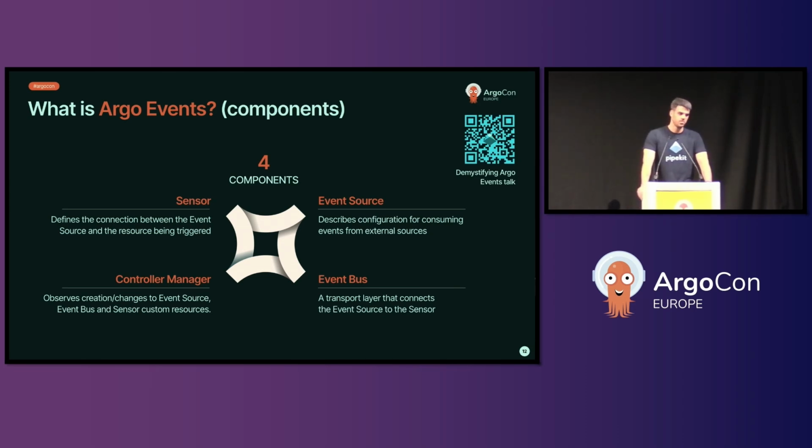If you want to consume an SQS event, you should create an SQS event source config. Then, the event bus is a transport layer, and it's responsible for connecting the event source to the sensor. Some of the components used for this are Kafka, NATS, and JetStream.